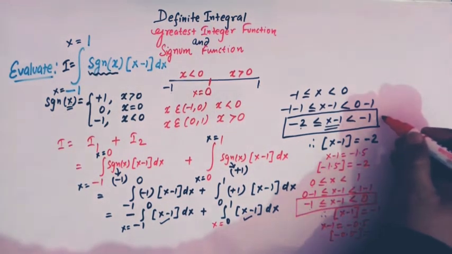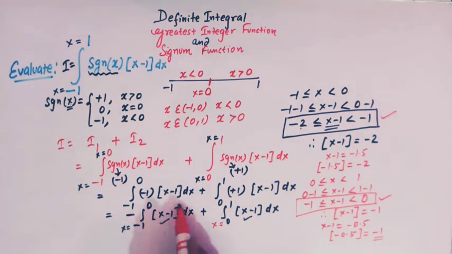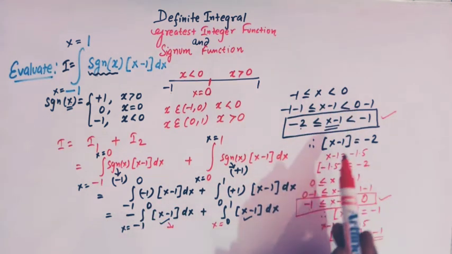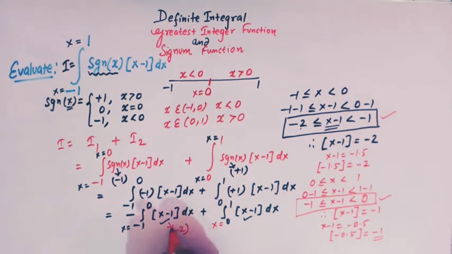So now we will utilize these inequalities to assign a value to this function greatest integer x minus 1. So here when x varies from minus 1 to 0, then the value of greatest integer x minus 1 is minus 2. So here we will take minus 2, and when x varies from 0 to 1, then x minus 1 varies from minus 1 to 0, so the value of greatest integer x minus 1 is minus 1, right?